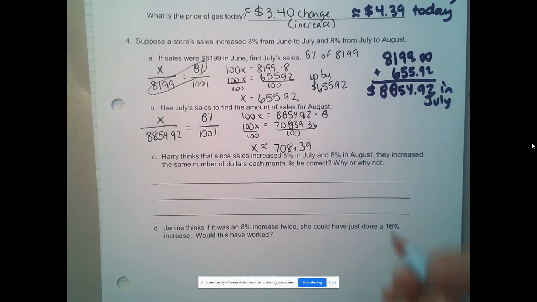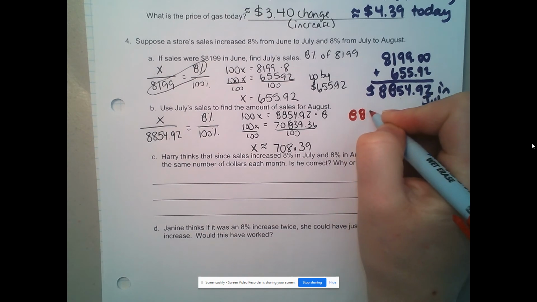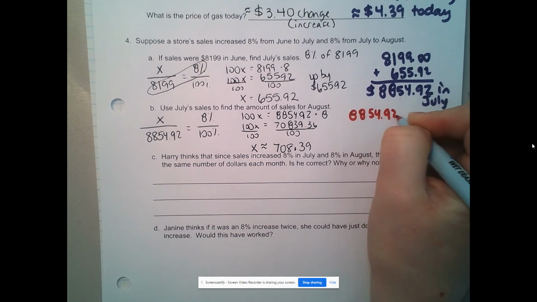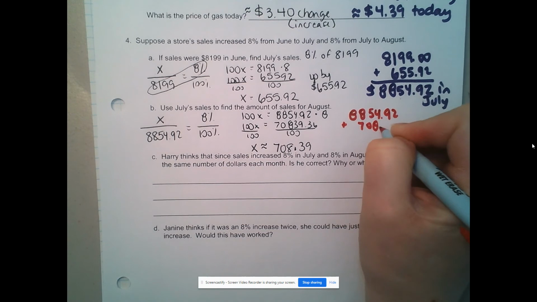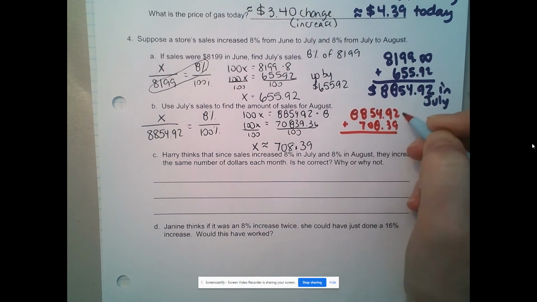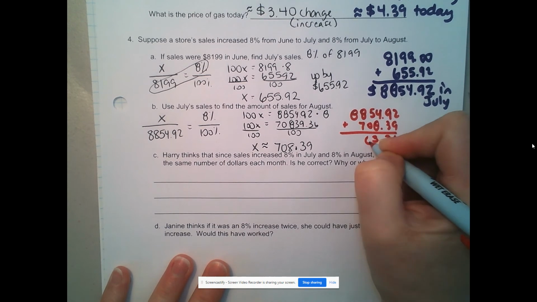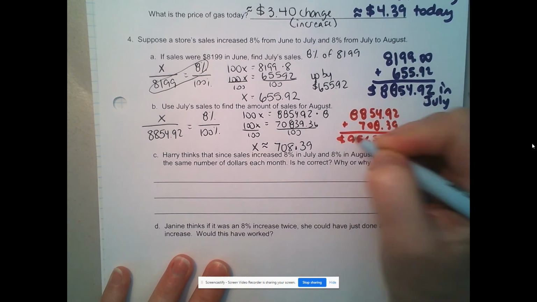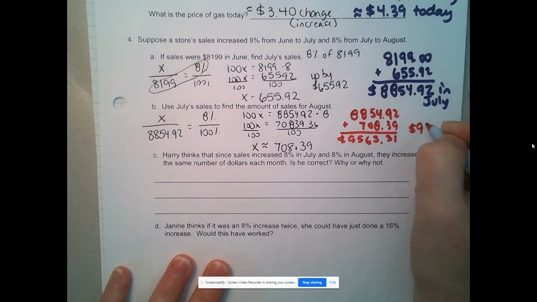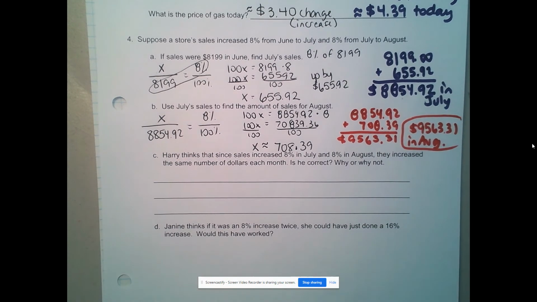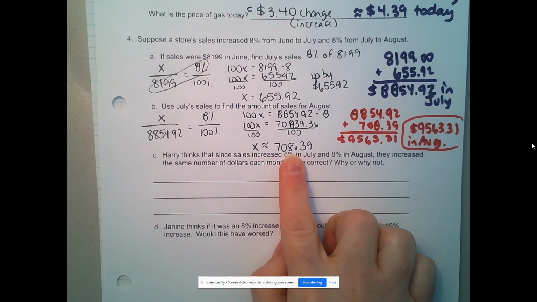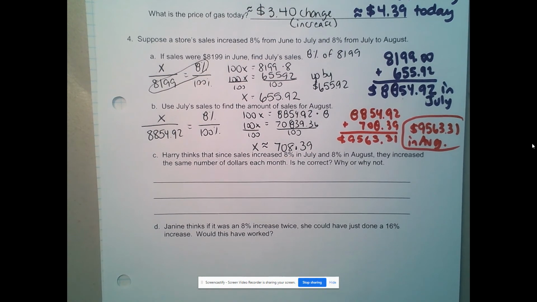So we're going to have to add $8,854.92 plus the new $708.39 to get August's new total, which is $9,563.31 in August. So what's interesting here is that the change from June to July was a different amount than the change from July to August, even though they were both an 8% change.